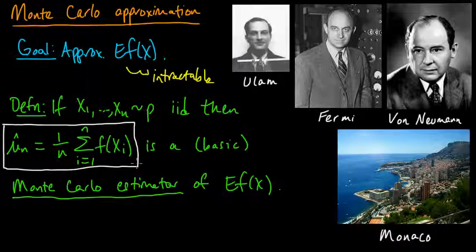And it's just the simplest possible thing, right? We drew these samples and we wanted to approximate the mean of this random variable f of x. And so we approximated it by the sample mean. That's all there is to it.